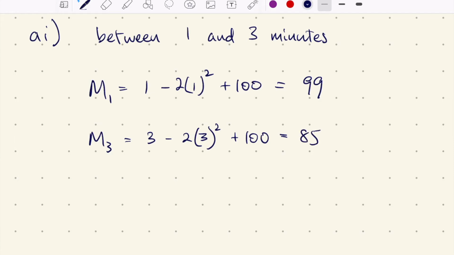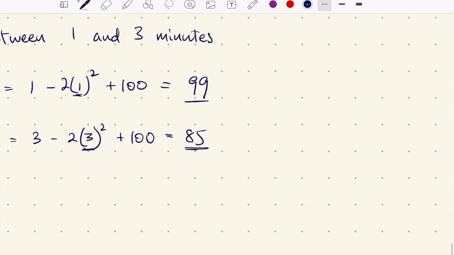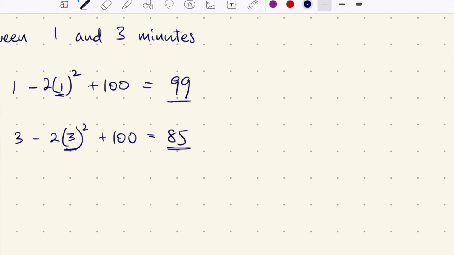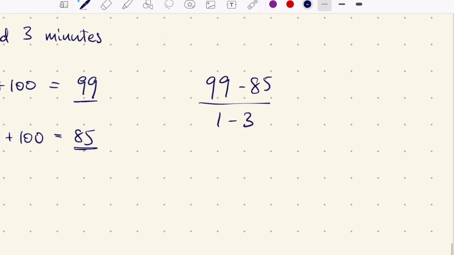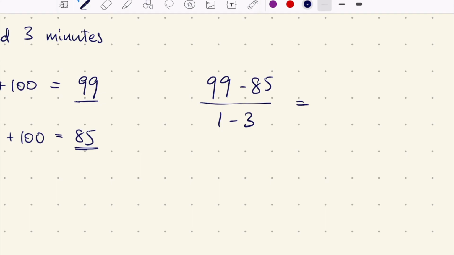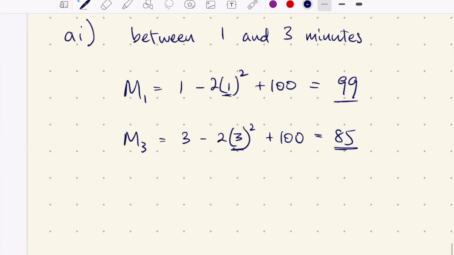So we got the y values, or the m values, and then we have the time values. So we need to put it into m1 minus m2 or m2 minus m1. It doesn't matter which way you go, as long as you put it in the same order. And that's going to be minus 7.